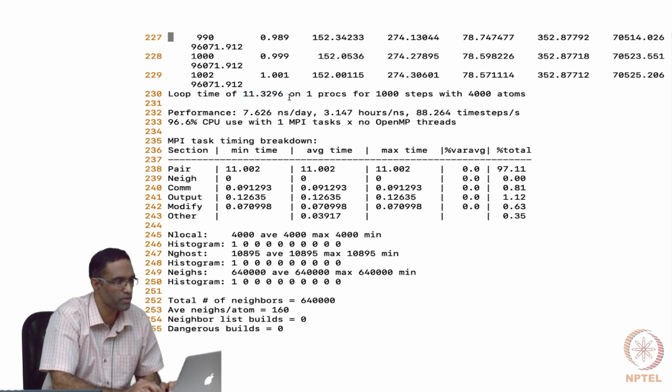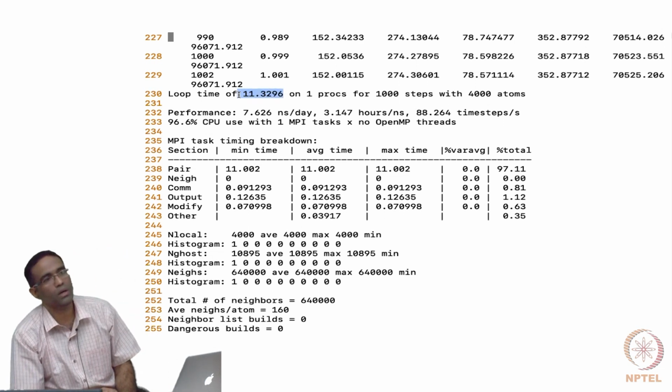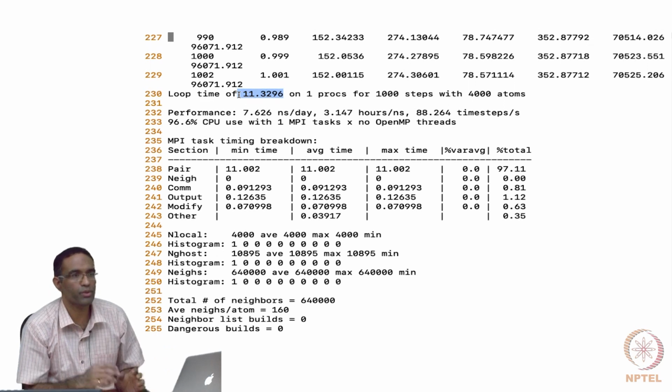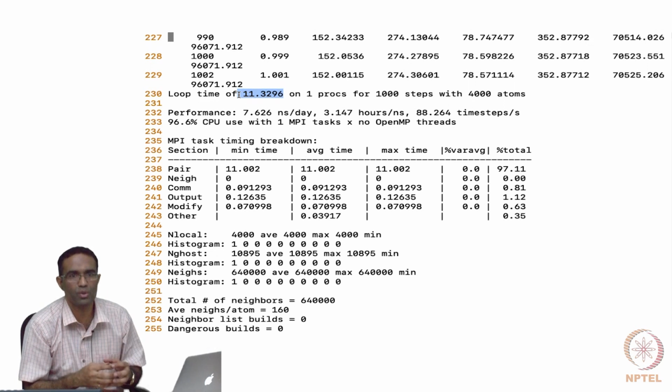So this is the total number of seconds it has taken to run on this computer. This is going to be very important information for you to estimate how long your simulation is going to run.